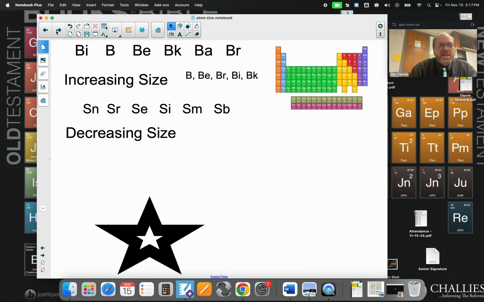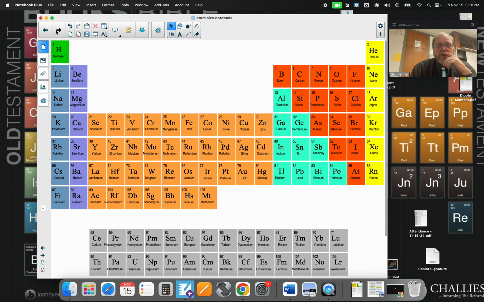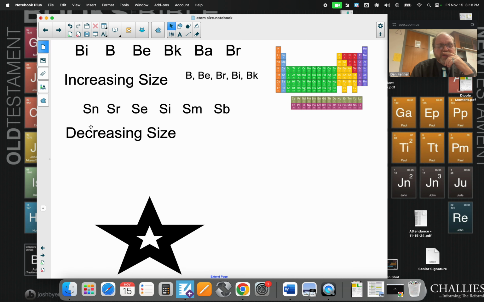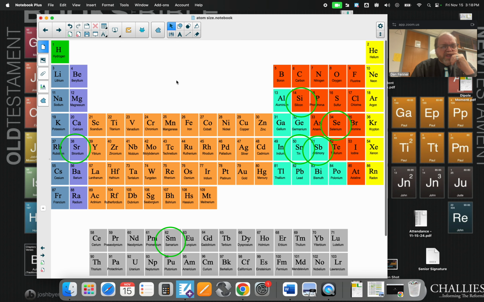Okay, let's try the next one. Tin, strontium, selenium, silicon, samarium, and antimony. Okay, on the periodic chart, there we go. They're all tightly there with strontium. We're going to go again in the decreasing. So we're going to go the one that's farthest down, farthest to the left. So if we look at that list there, these are all in the same row.